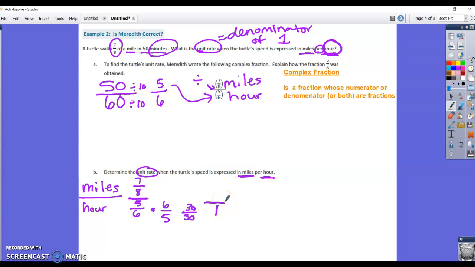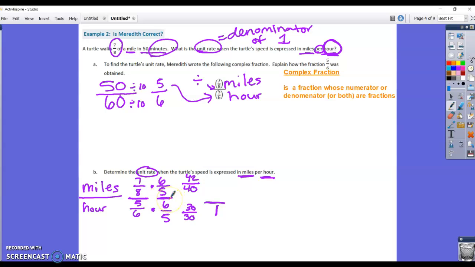So if we're going to do it to the bottom, we have to do the same thing to the top. So 7 times 6 is 42, and 8 times 5 is 40. Okay, so we're still keeping the denominator.